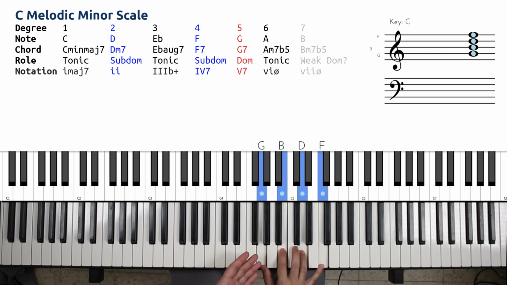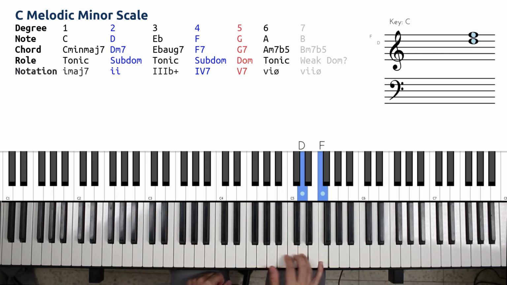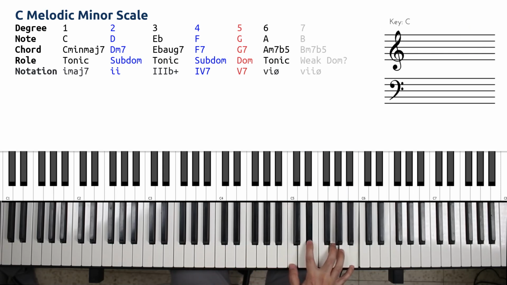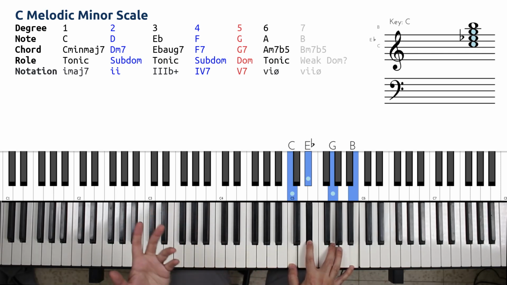The fifth degree, the G dominant 7, plays the dominant function. However, the chord built on the leading note, the B half diminished, doesn't really sound very dominant. So we're going to leave it out. It doesn't really play any clear functional role in this discussion.